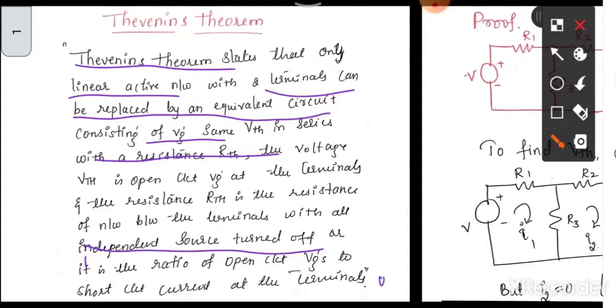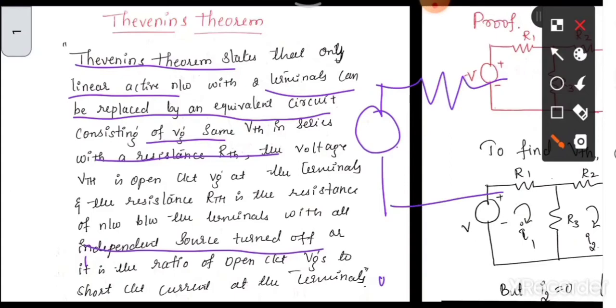So let's see what the statement of Thevenin's theorem means. It states that any linear active network with two terminals can be replaced by a very simple circuit. You can say that any complicated linear active network can be replaced by a simple circuit which consists of a voltage source and an internal resistance.